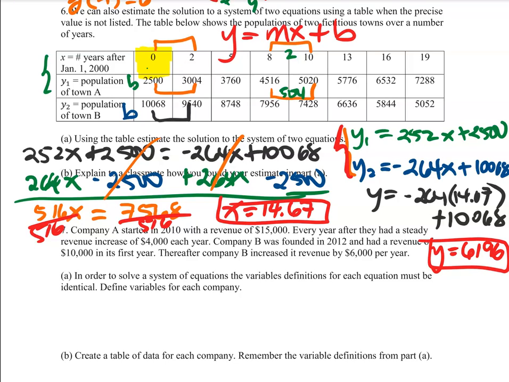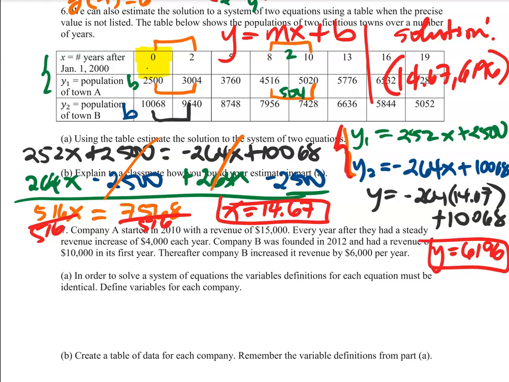So the solution for this problem number 6, I'm going to write it down here, is 14.67 and 6196. So this is the point of intersection. Okay.